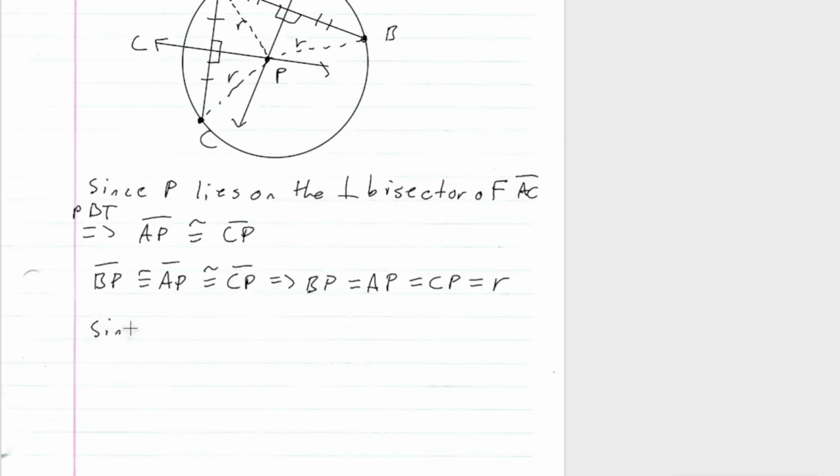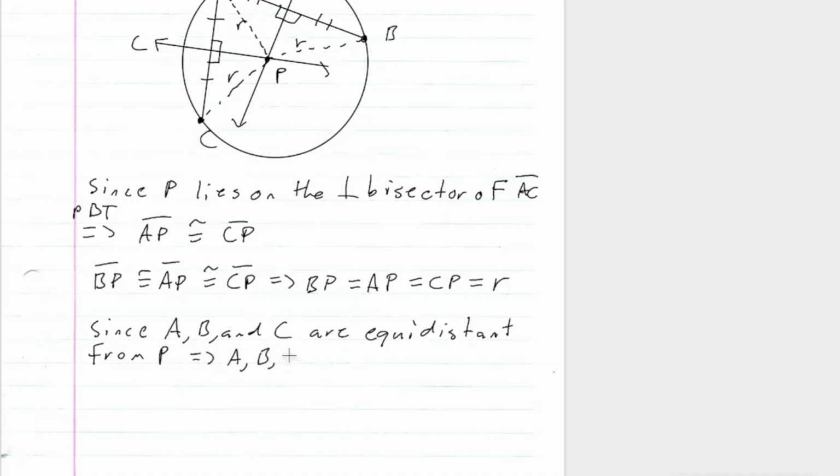Since A, B, and C are equidistant from point P, right? This implies that A, B, and C are elements of circle P, right?